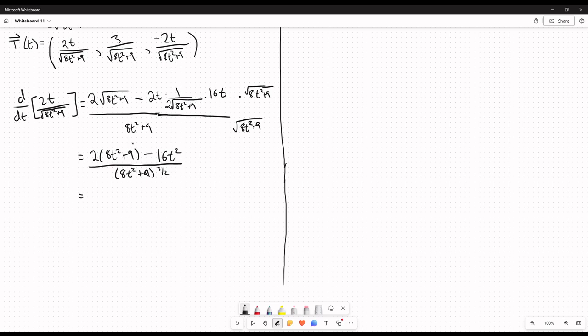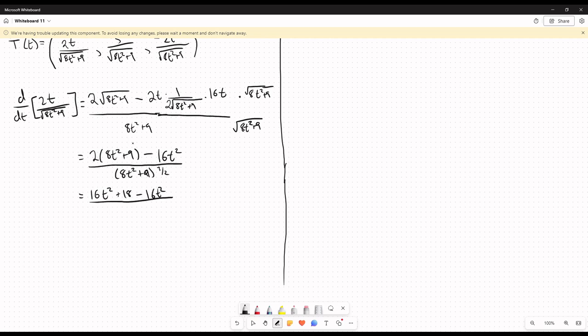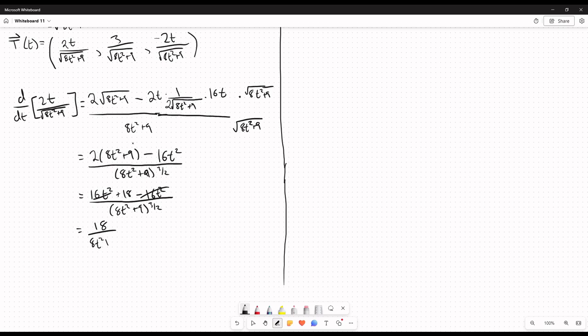To simplify a bit more, I'll distribute that 2 to get 16t squared plus 18 minus 16t squared, all over (8t squared plus 9)^(3/2). And I notice that those 16t squareds cancel, leaving us with 18 over (8t squared plus 9)^(3/2). And it did take me 3 tries to get that derivative correct.